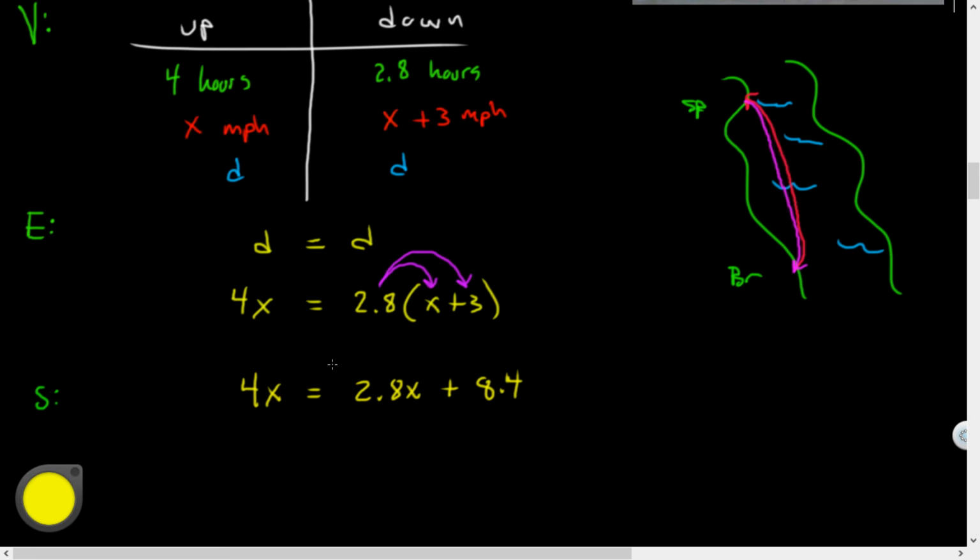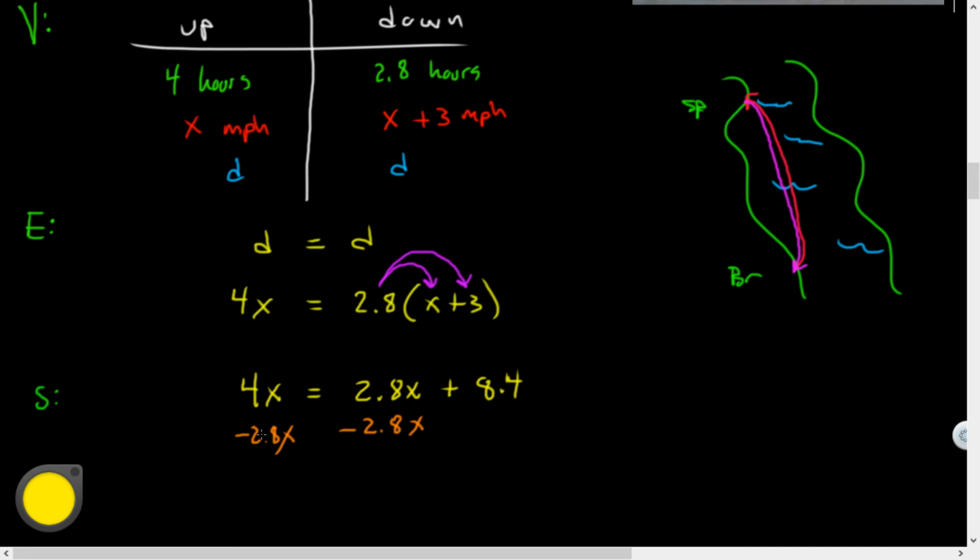So let's see. Now I've got variables on both sides. So what do I do? Little guy to big guy. Who's the little guy? Let's move that. Subtract 2.8x. And I'm going to get 4 minus 2.8.